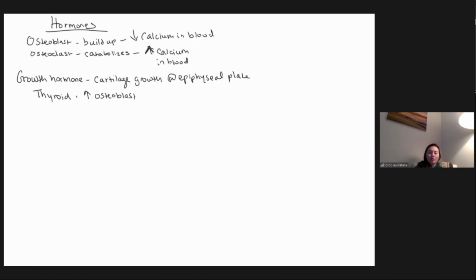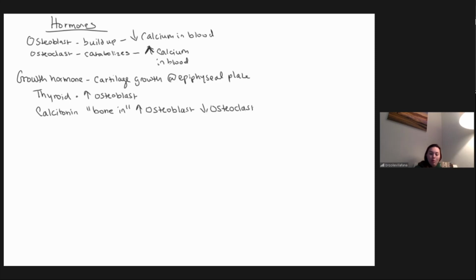So if we increase osteoblast activity, what are we doing? We're decreasing the calcium in the blood, right? We have calcitonin. The best way to remember this is it rhymes with bone in. Okay, so calcitonin, bone in. So this is going to increase osteoblast and decrease osteoclast.